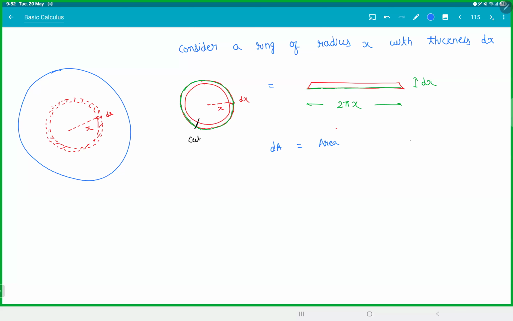Both are equal. Basically we are ignoring the small edges. That is the whole point of integration. You take the thickness so small, the error can be neglected.